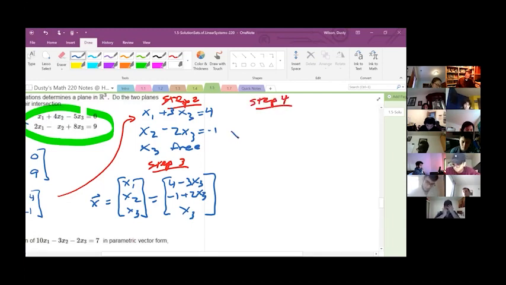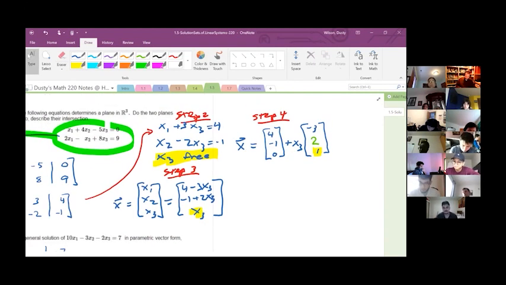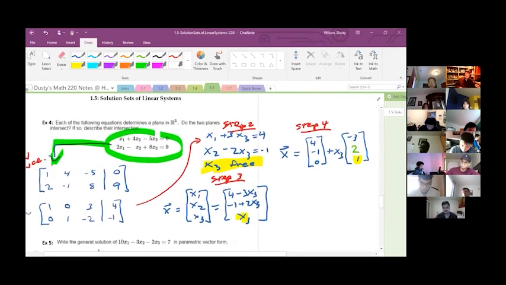So we have that x is equal to (4, -1, 0) + x3, here's the parameter, times (-3, 2, 1). Like we talked about yesterday, that 1 corresponds with this x3, which was our free variable.